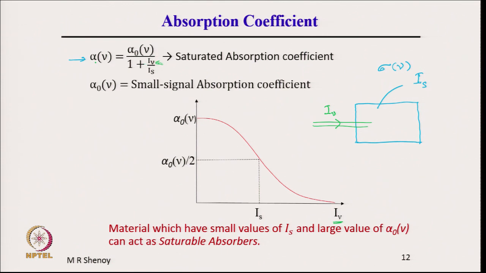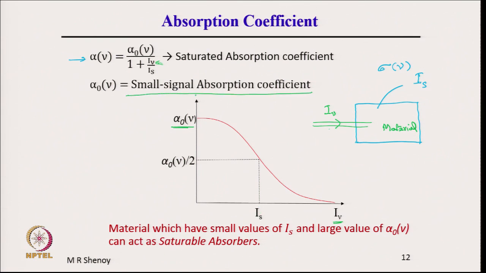So, we simply have the loss coefficient equal to alpha_0 of nu. So, what is alpha_0 of nu? Alpha_0 of nu is the absorption coefficient of this given material, this atomic system, when the intensity of the radiation is very small, hence the name small signal absorption coefficient.